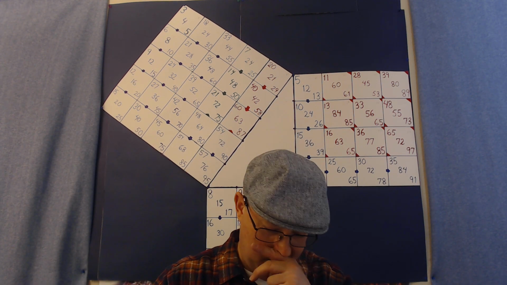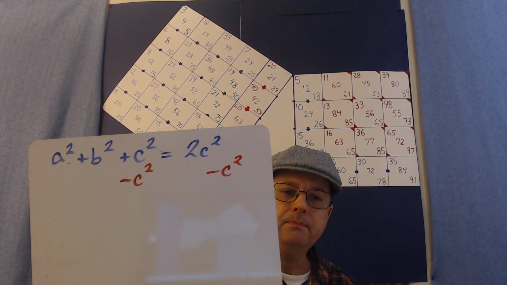And then we can subtract C squared here and subtract C squared there. And then we'll have A squared plus B squared equals... And if I have 2c squared and I take away 1c squared, well, I only have 1c squared left.